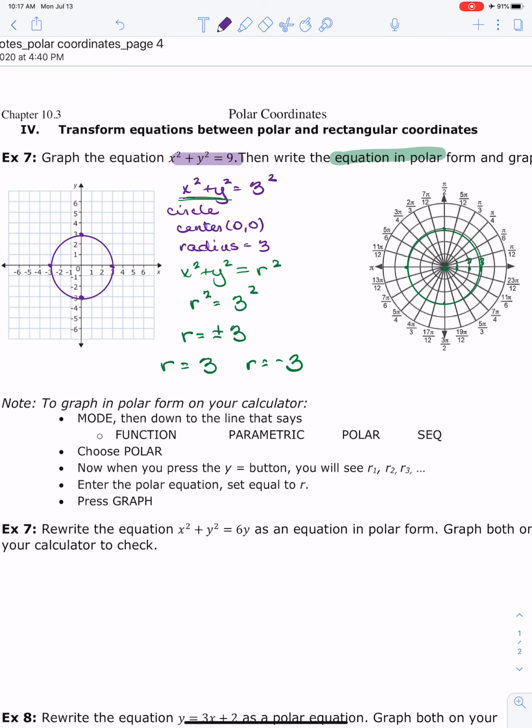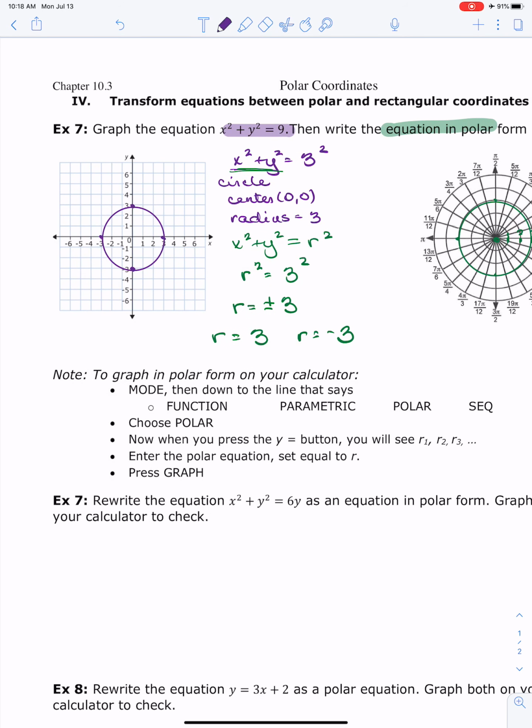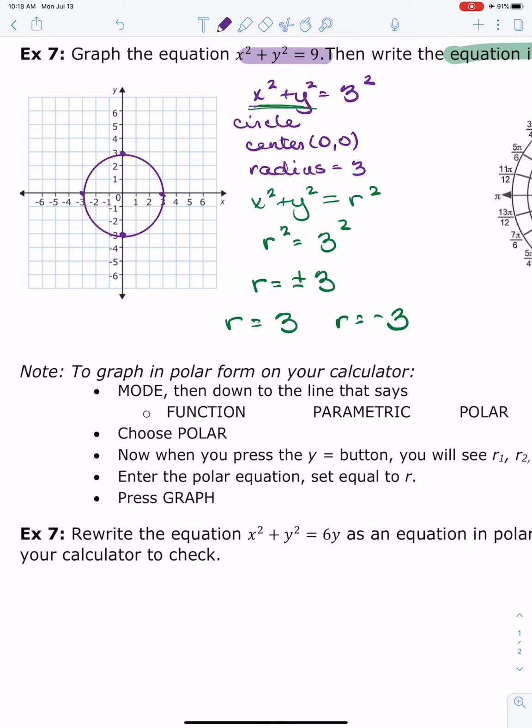Now, the one thing that I do want to point out, if I were going to use the graphing calculator to graph my rectangular form, we're going to move back over here to the left. I have got to solve that equation for y, right? In the graphing calculator, it's got to go in as y. Let's back that up a little bit. y squared equals 9 minus x squared. I just moved that x squared to the other side. And y is going to equal either plus or minus the square root of 9 minus x squared.